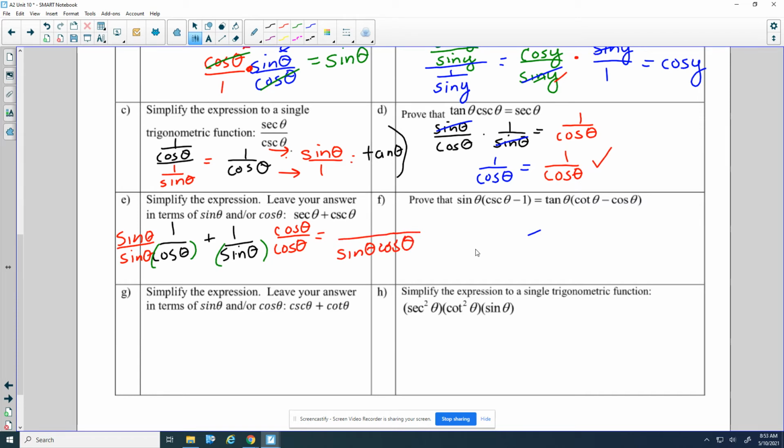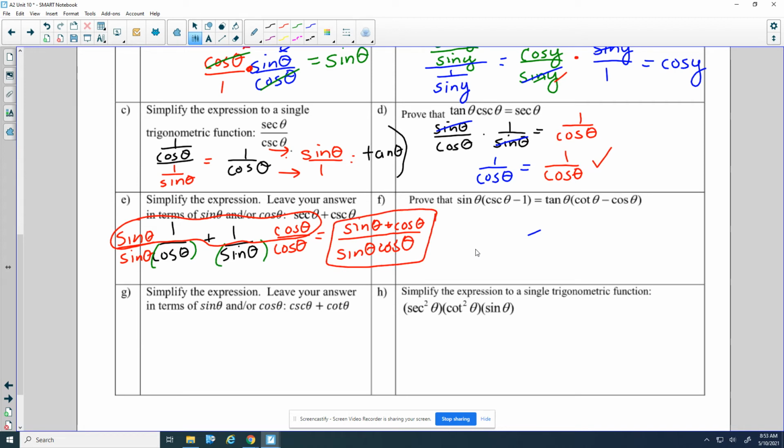In my numerator, I'm adding sine theta plus cosine theta. So in the other problems that we've had to simplify versus proving, we've had to write it as a single trig function. This one does not say that. It actually looks a little more complicated than what I started with, but that is simplified because I've added the two fractions together.